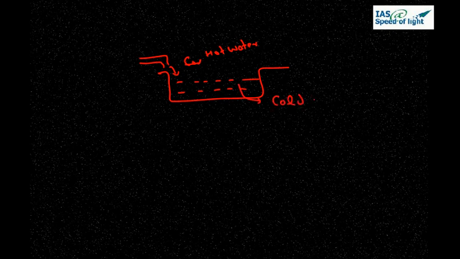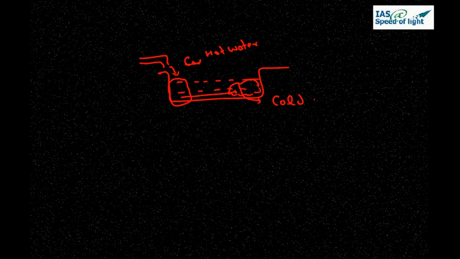Now the moment hot water starts pouring into the tub, it will make this part of the tub hot. But what about this part? It is still cold. Slowly, after some time, this hot water will transport itself to the cold water region, and slowly we will see the whole bathtub water becomes hot. So this is the horizontal motion of energy, and this is called advection.